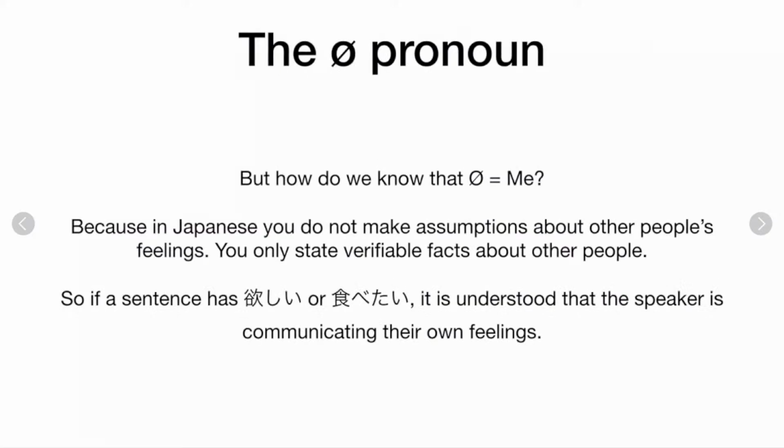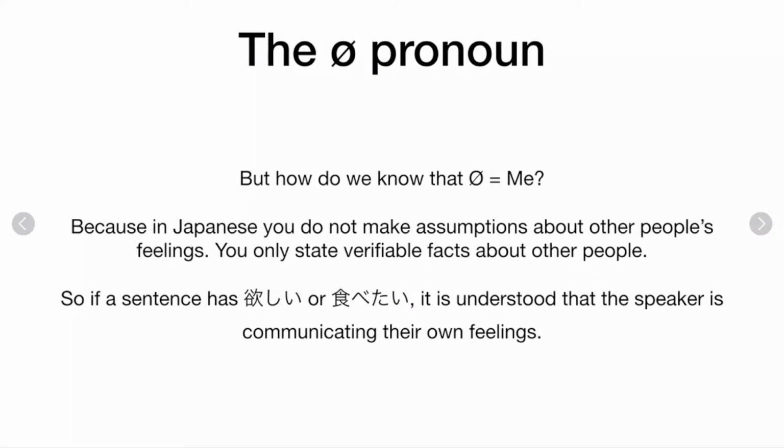Okay? Here's an additional fact. In Japanese, you don't make assumptions about other people's feelings. You only state stuff that you know for a fact about other people. So if a sentence says hoshii or tabetai, you know that this is a personal opinion. You might be speaking on behalf of someone, but it's a personal opinion.